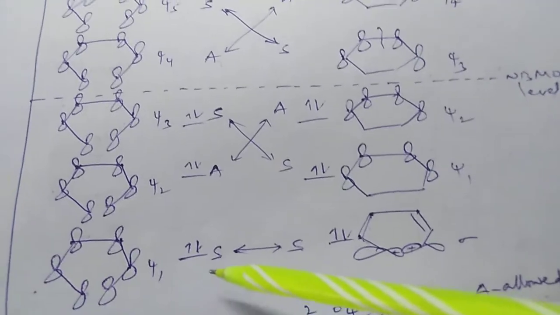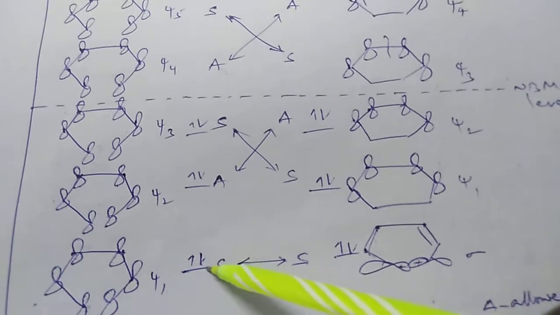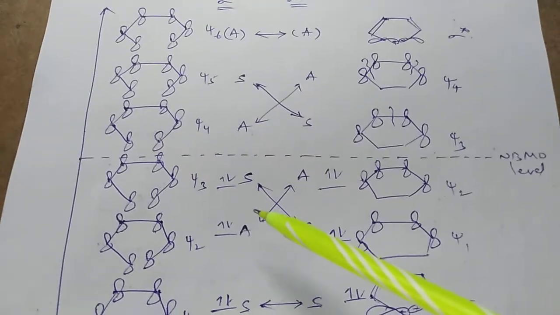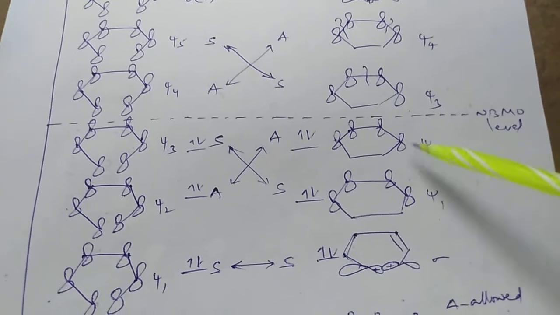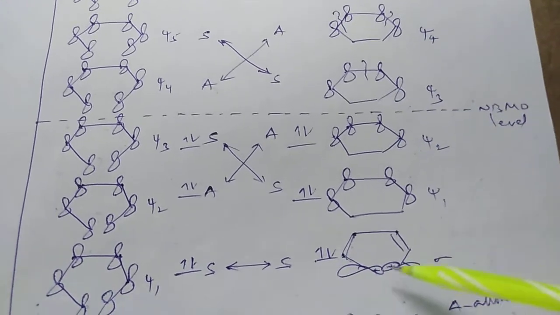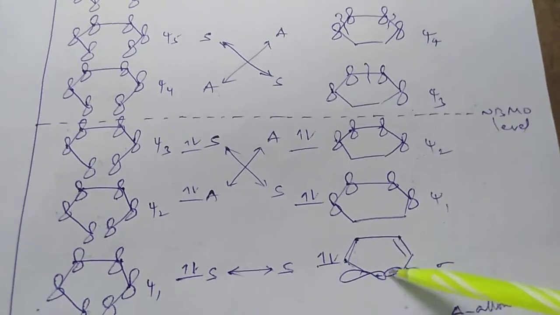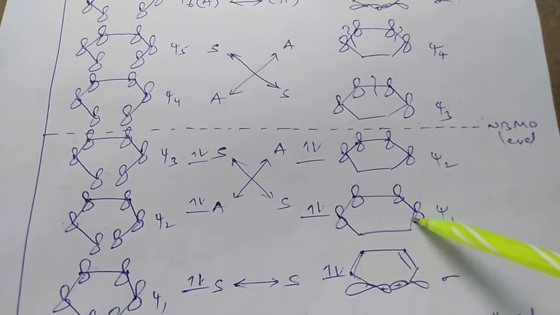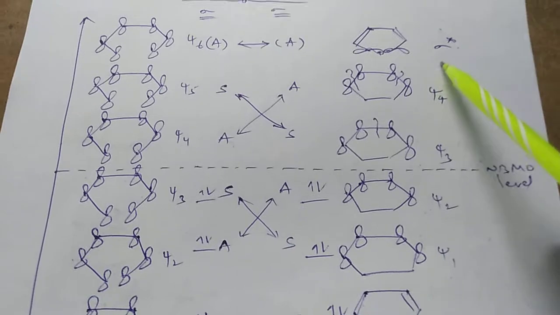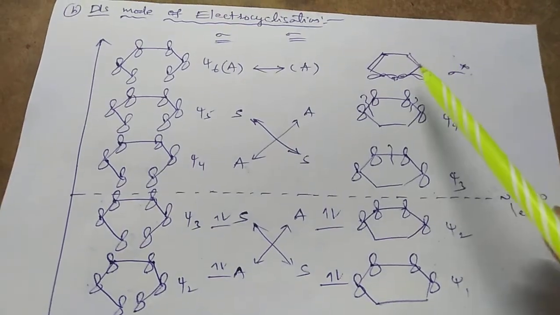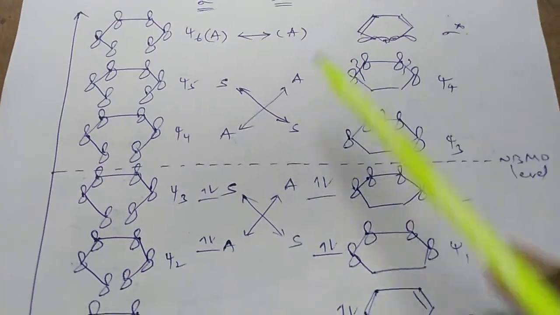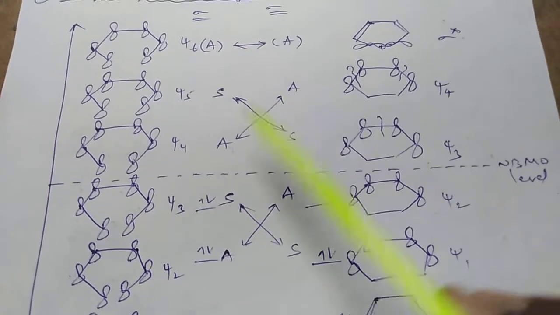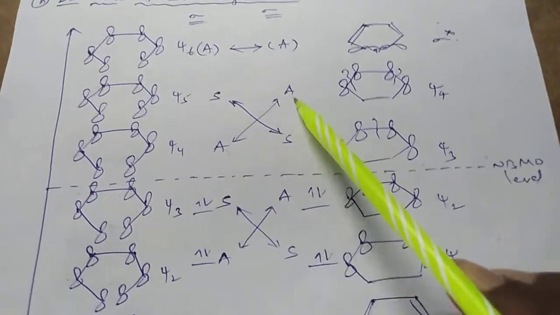In the ground state electronic configuration, 2 electrons for Psi1, 2 electrons for Psi2, 2 electrons for Psi3. But on the product side, the molecular orbitals are the sigma bonding molecular orbital, a bonding interaction, then Psi1 for the product side, Psi2, Psi3, Psi4, and sigma star, an anti-bonding molecular orbital for the sigma bond. So it is a correlation. They maintain the same symmetry for the reactants and products.